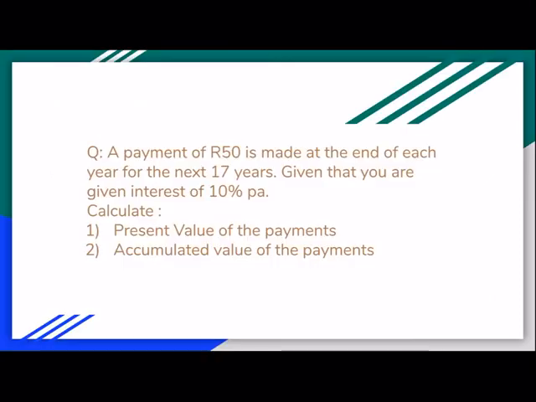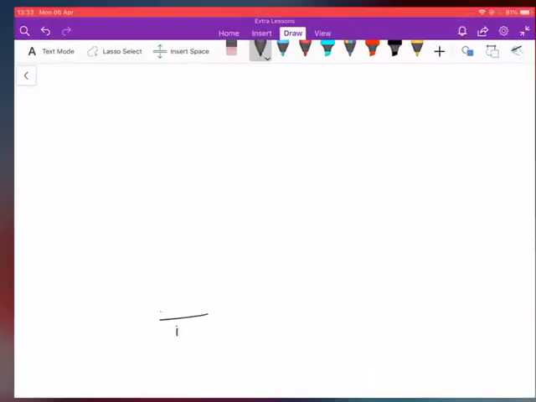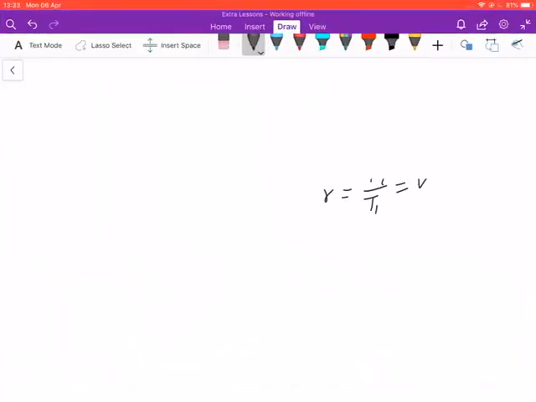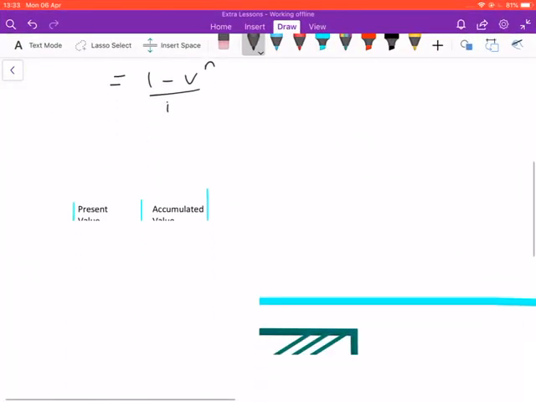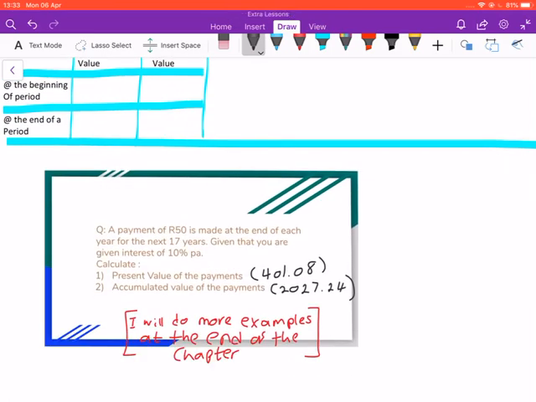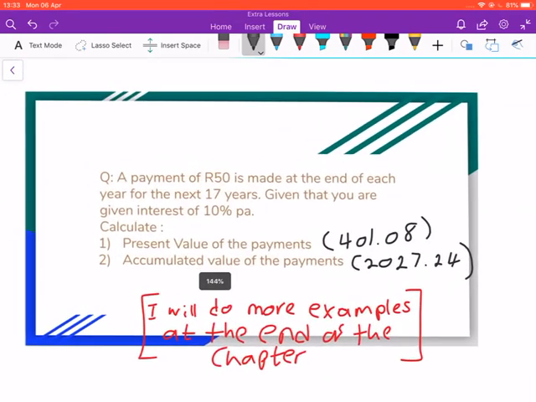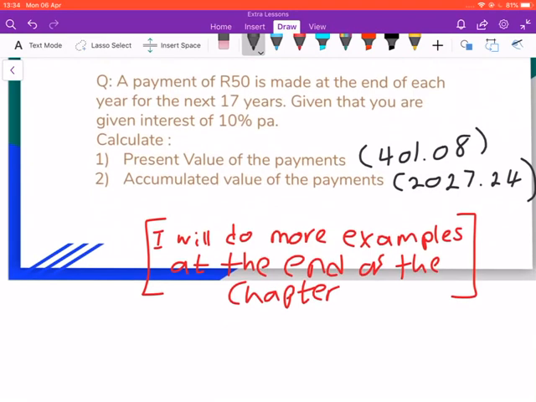So let's look at a couple of examples. I will give you some time to do this example and check if the answer is the same, but then we will just do it now. So for number 1, we're looking for the present value of a series of payments of 50 rand which are made at the end of each year for 17 years.